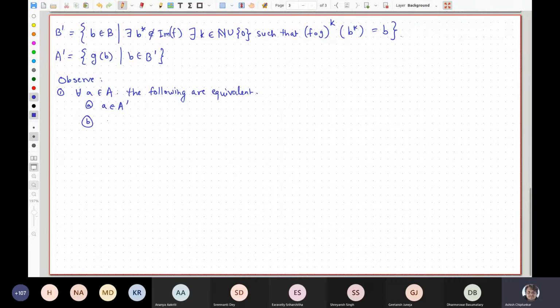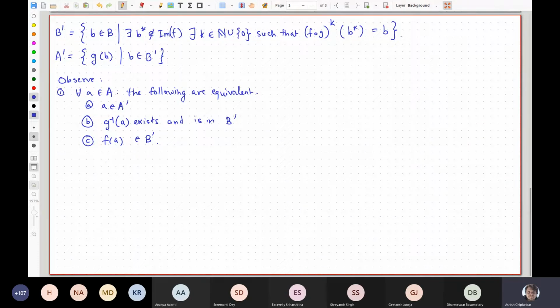Statement B: G inverse of A exists and is in B prime. And C: F of A is also in B prime. I hope this is easy to check. If A is in A prime, then by definition A is G of B for some B in B prime, so G inverse of A exists and it is in B prime. This is straightforward.